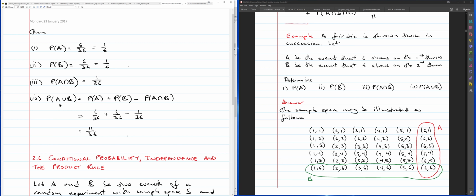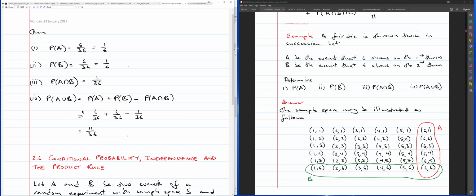Okay, so the point that I want to make in this example is that the probability of A union B is equal to the probability of A plus the probability of B minus the probability of A intersect B. What you're doing over here is subtracting the double count, if you want.